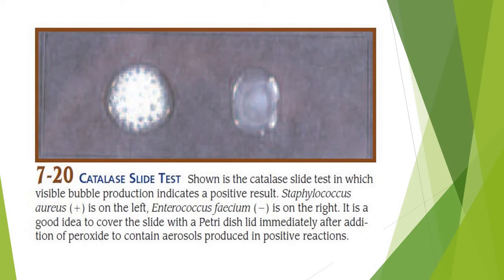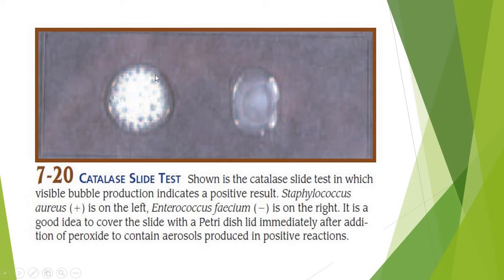After that, we take the culture which we want to check as positive or negative for the catalase test. We take a loopful of culture from the petri dish and put it into this well formed by the hydrogen peroxide and mix well.